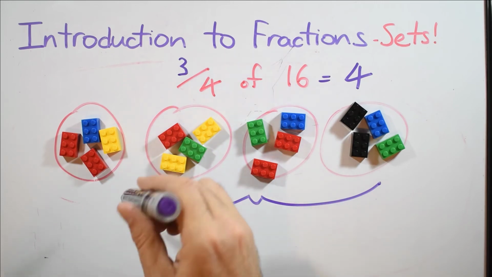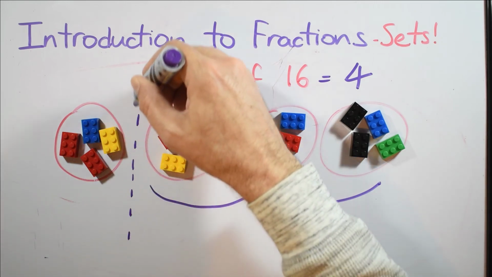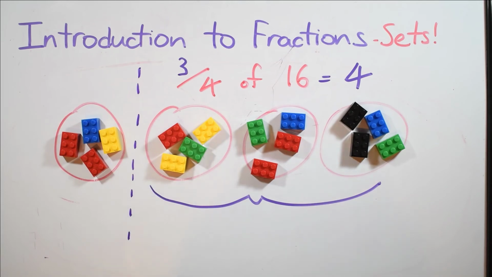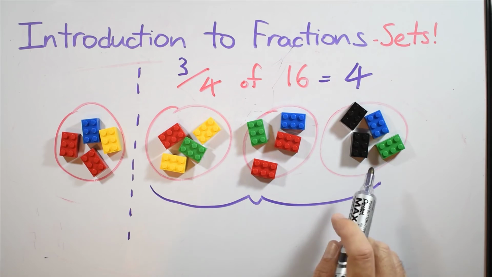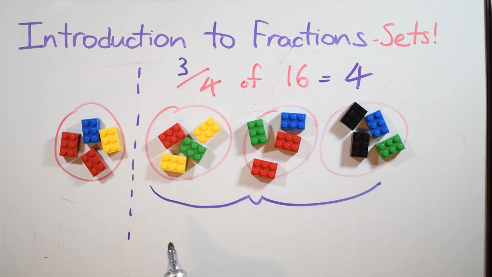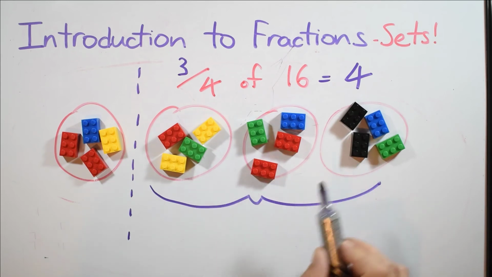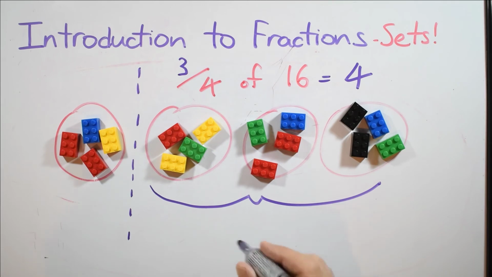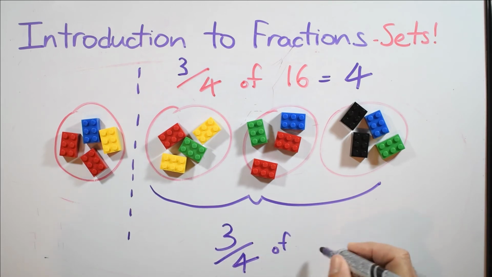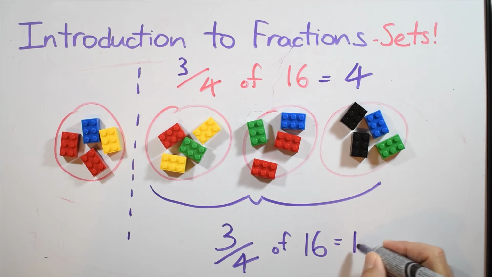So I'm excluding this one here, saying, no, you're not included in this game. Oh, look at him, he's all sad. But I am including these 3 subsets here. So 3/4 of 16 would be 3 lots of the 4 here. You could use your times tables or you could just count them. So 3/4 of 16 would be 12. 3 times 4, or count them up, however works for you.